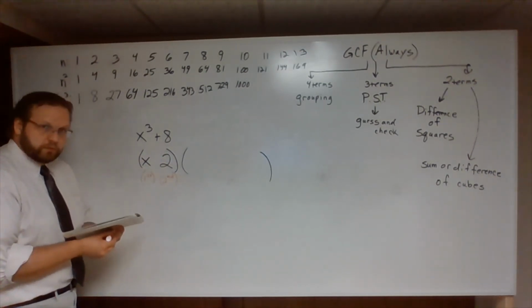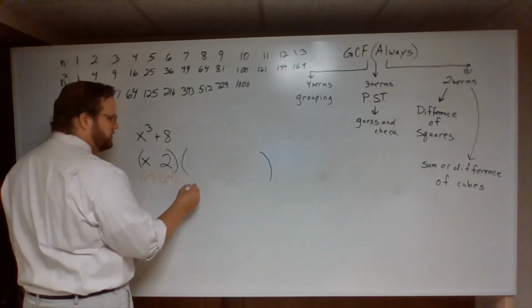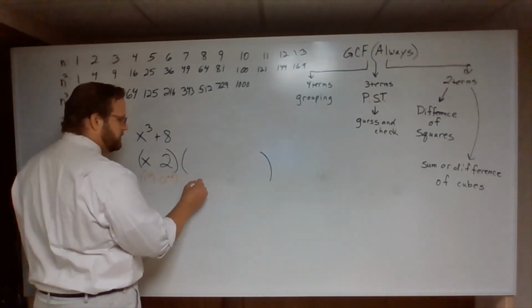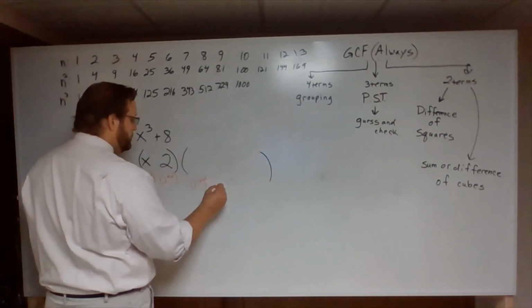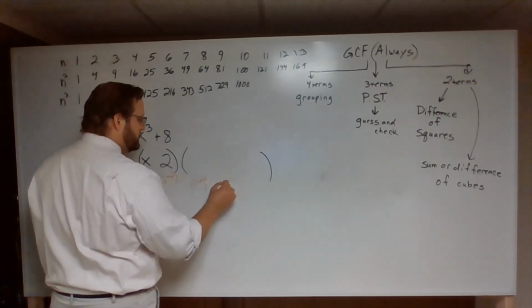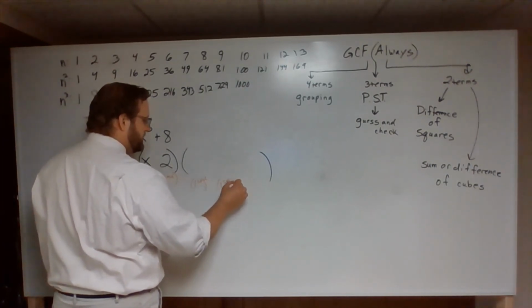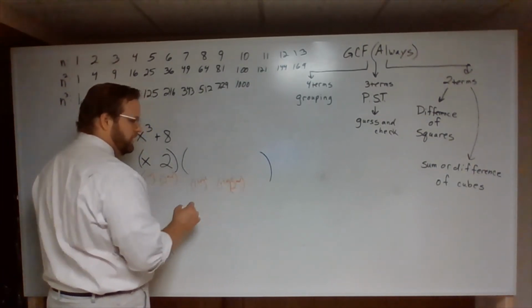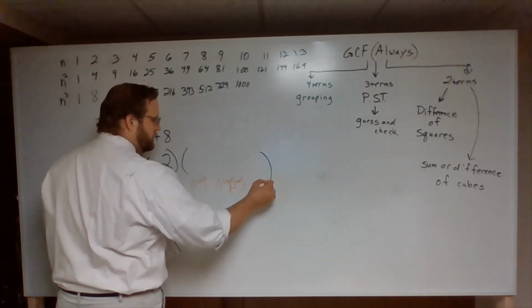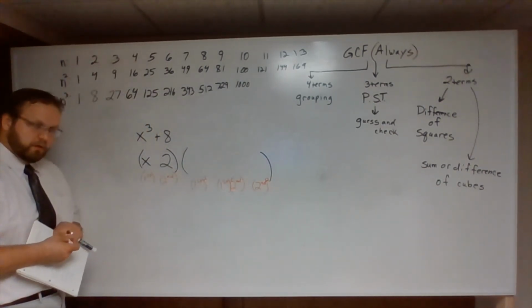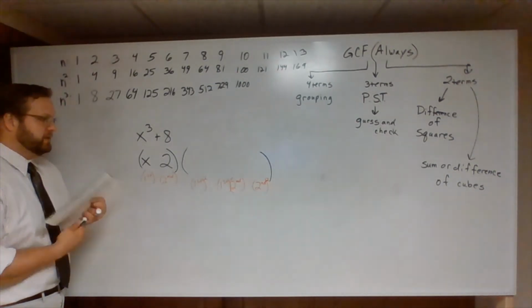What I'm going to do is take my first and square it. I'm going to multiply the first times the second, and then I'm going to take my second and square it.